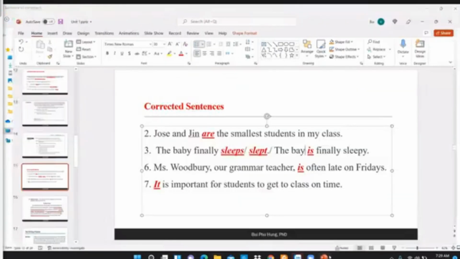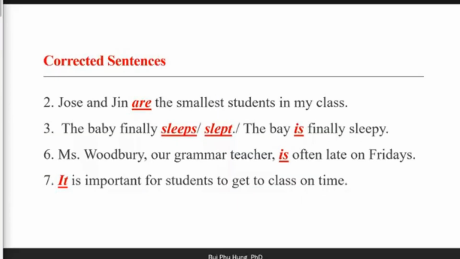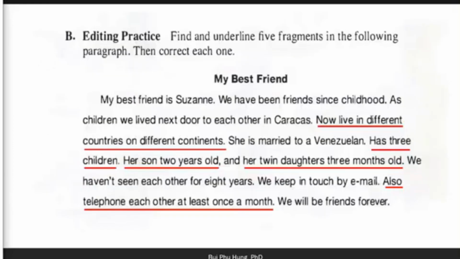Dạ, được rồi ạ. Okay, thank you. So, all right, please do the editing practice. My best friend.